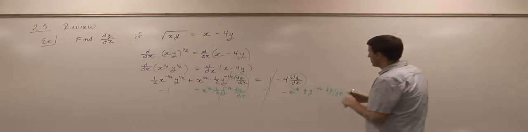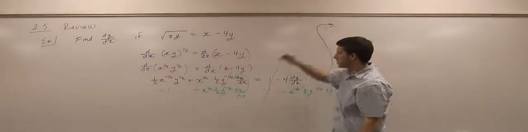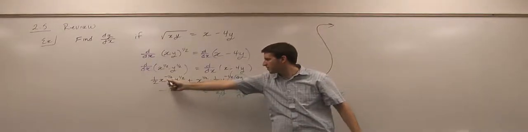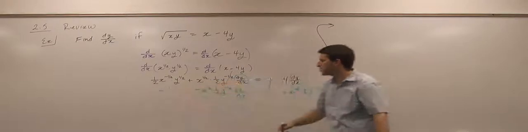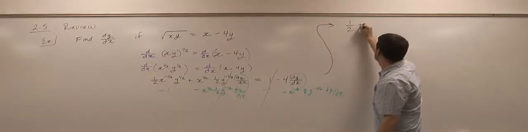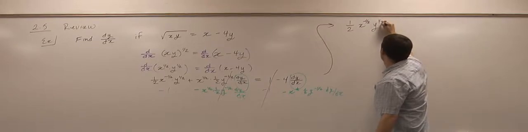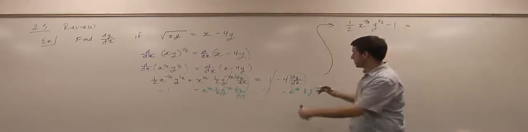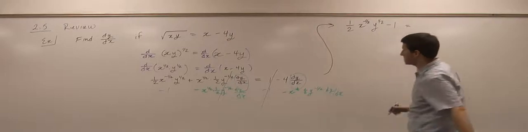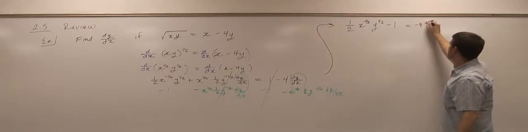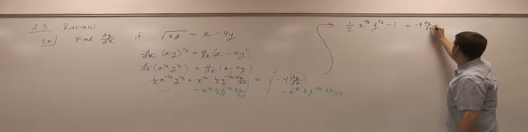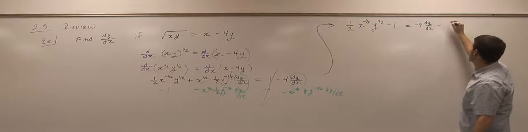So what we're left with looks like 1/2 x to the negative 1/2 times y to the 1/2 minus 1 equals negative 4 dy dx minus x to the 1/2.